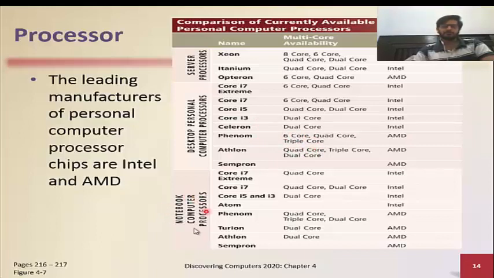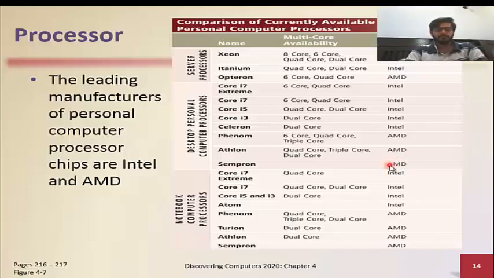Similarly, if you go to the notebook environment, we have a quad core with the Core i7, and a quad core with the Core i7 Extreme. These are Intel. You see that in your desktop and notebook environments, Intel processors are available. So where is AMD? AMD is also a leading manufacturer, but AMD works with your mobile phone.